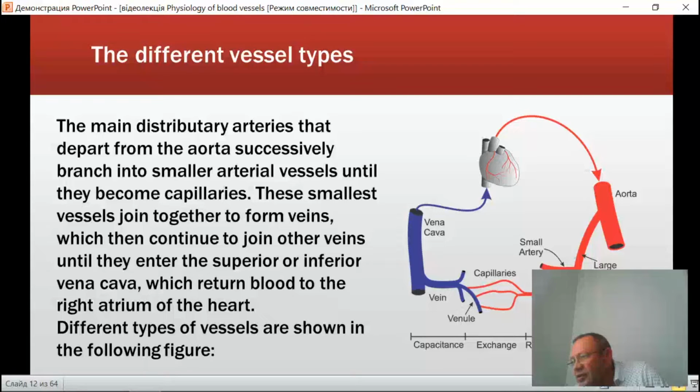Distribution, resistance, exchange and capacitance. These vessels you can see on the scheme, starting from aorta: large artery, small artery, arterioles, capillaries, venules, vein, and big vena cava.